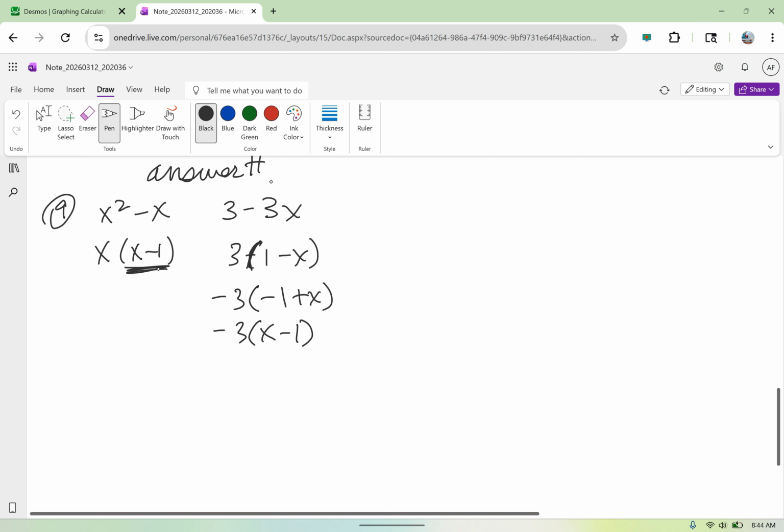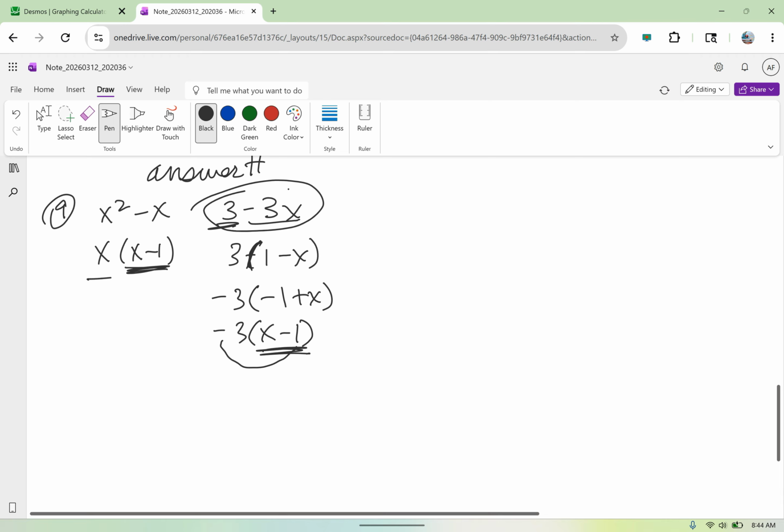Now I have a common factor by flipping the sign, and this still holds true to my original. So there's no magic happening here. It's just applying math rules that are still true. If I multiply this back, I get a -3x. That's true. If I multiply this back, I get a +3. That's true.